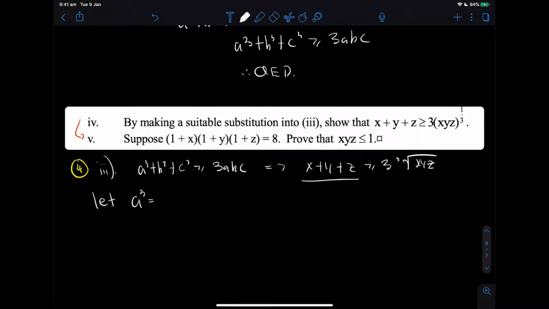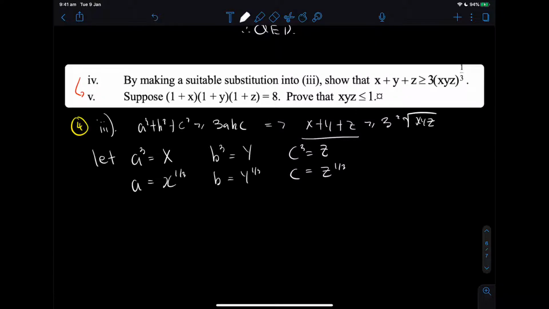So what we need to do is let a cubed equal x. And this means that a equals x to the power of a third. And similarly b cubed equals y, so b equals y to the third, and c cubed equals z, and c equals z to the third.